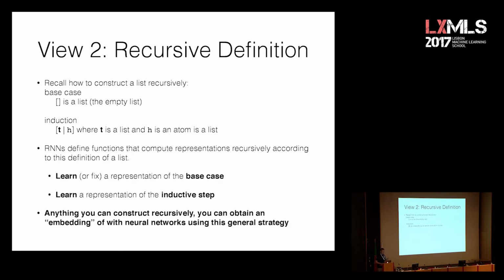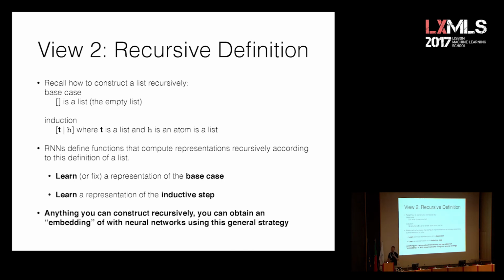RNNs work exactly the same way. We're going to learn, or possibly define, a representation of the base case of that empty list. So what was the definition we used for the representation of the empty list? Called it h_0, right.